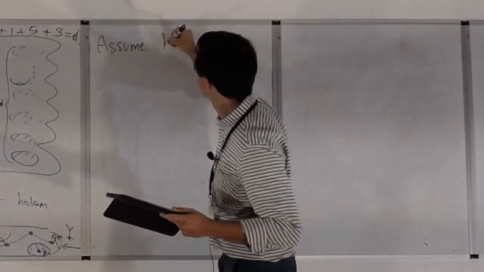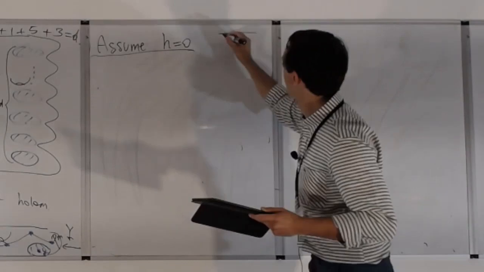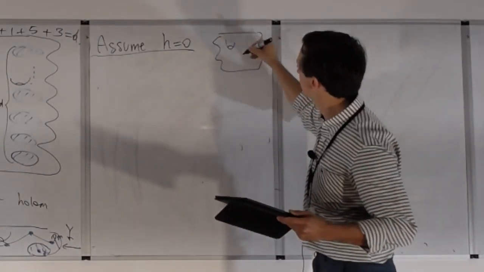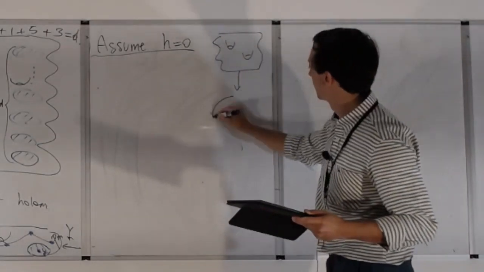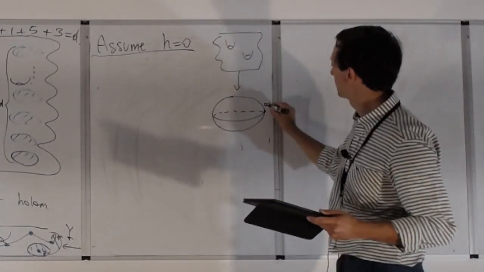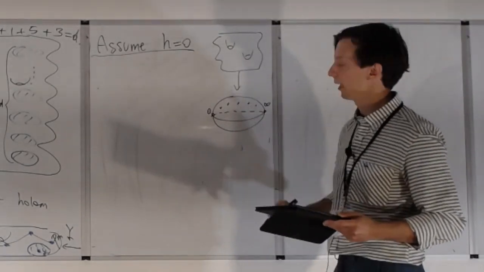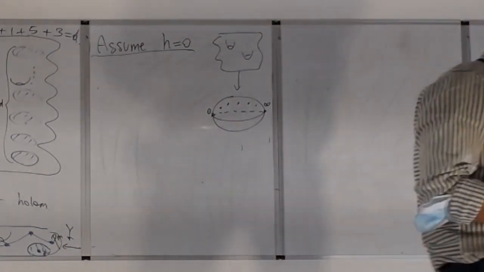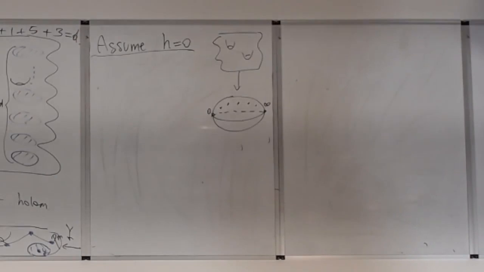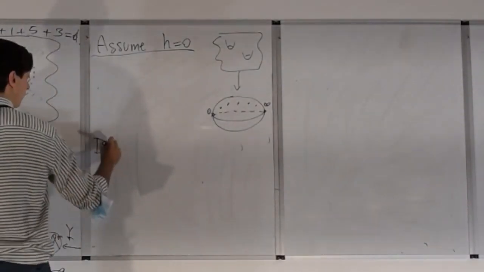Assume h equal to 0. So you have now upstairs some genus, and downstairs you have P1. You have infinity, 0, and some branch points, B, like that. And then finally, we can define Hurwitz numbers.